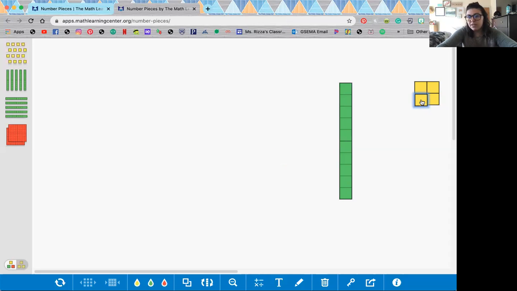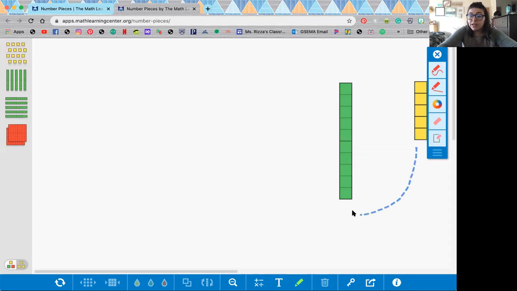Look, it's going to put them in a nice little group for me. 4, 5. It's a little bit easier than drawing them, I figured. 6, 7, 8, 9, 10. So we have 10 ones, and those 10 ones can be traded for 10.